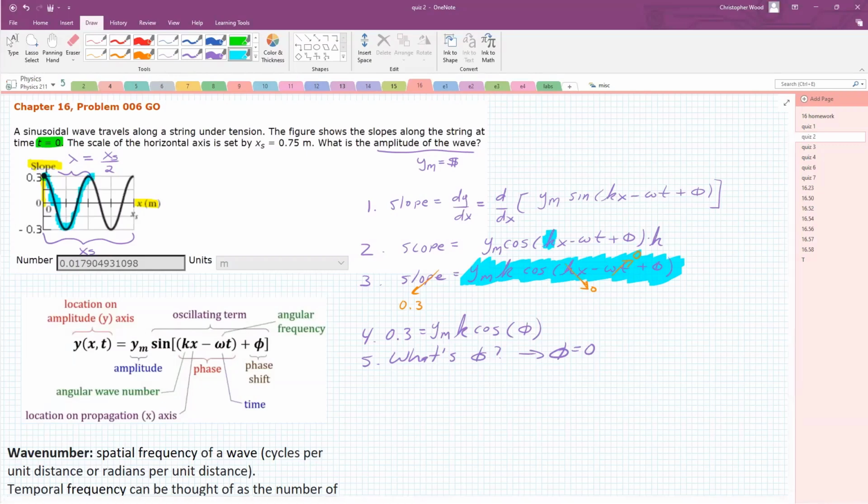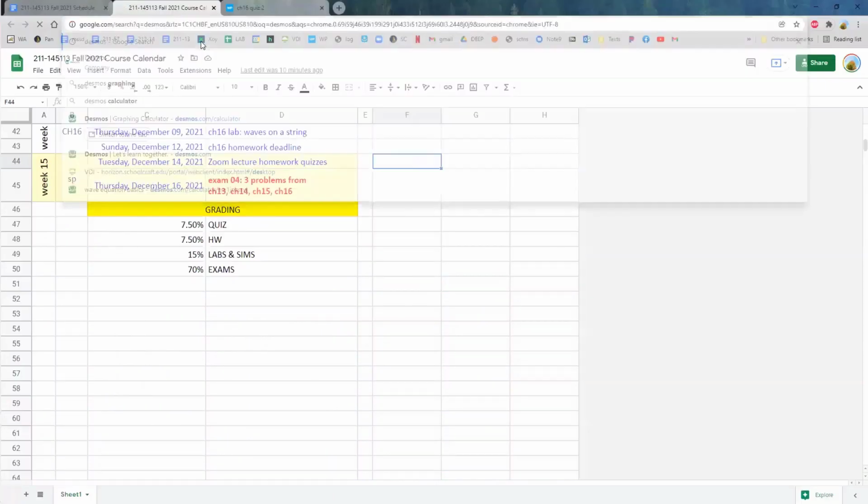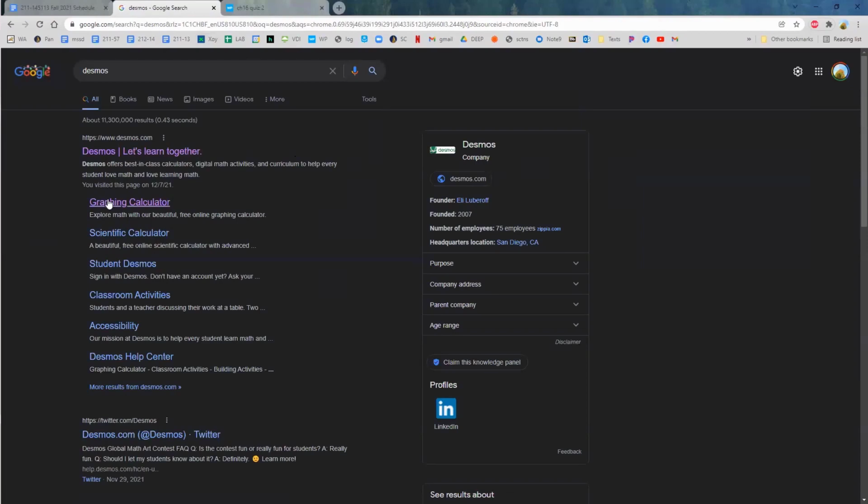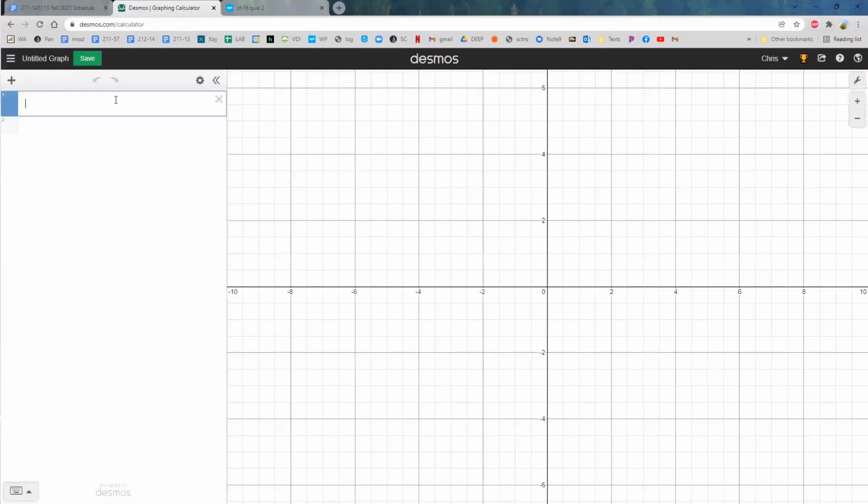If you want to see what a shifted cosine function looks like, we would just go into Desmos, and I would say, okay, I want a cosine function. Here's y equals cosine of x.